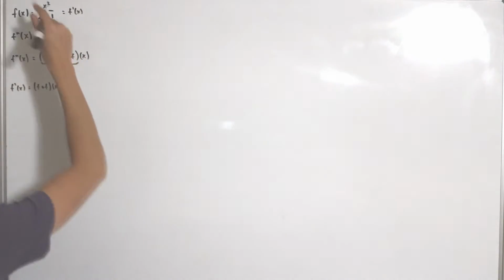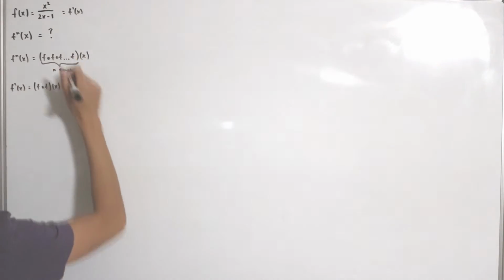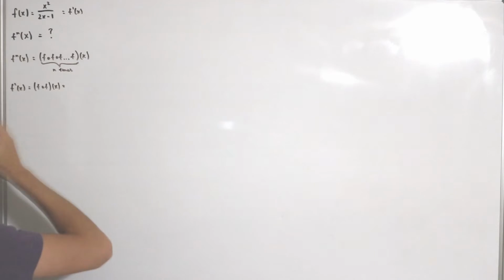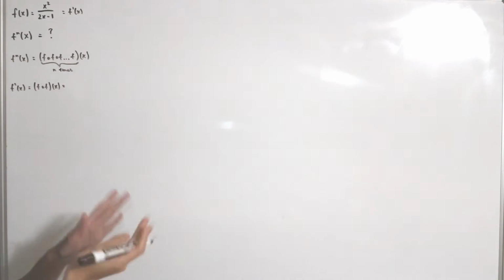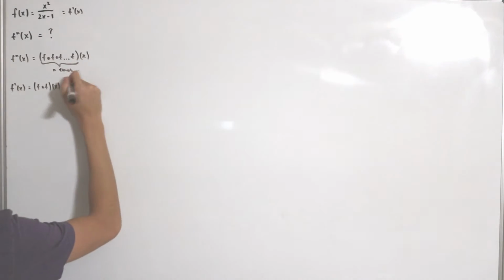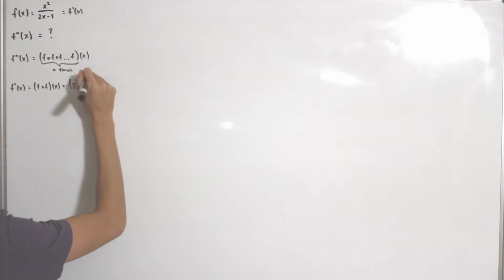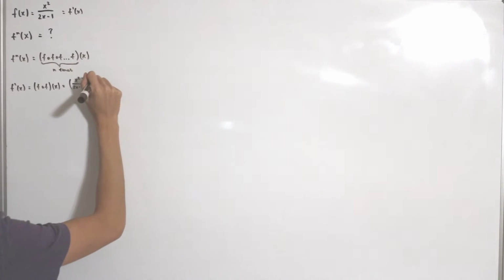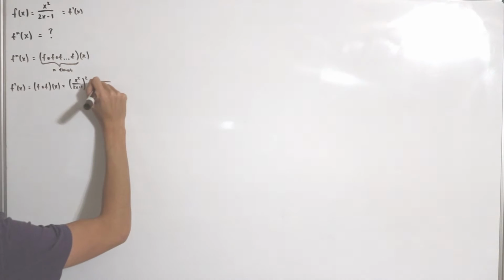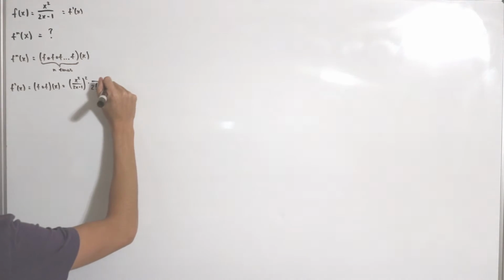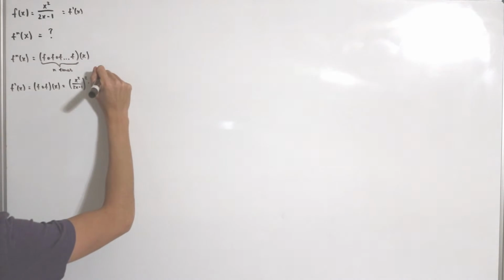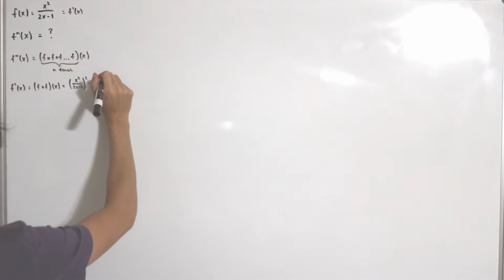To put it this way, I can move the x squared outside and write it as a product in a sense. So we have x squared divided by 2x minus 1 squared, then multiplied by 2, then x squared minus 2x minus 1, and then minus 1, and the numerator is 1.